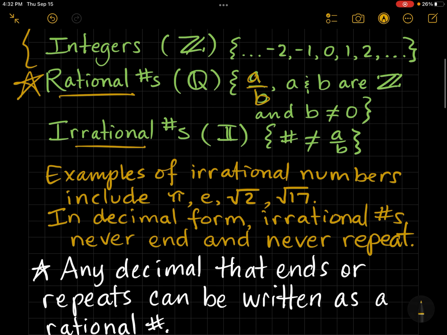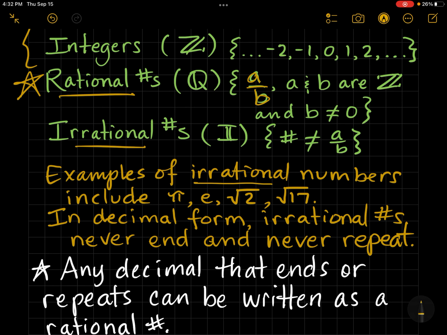Examples of irrational numbers include numbers like pi or e, which we call transcendental numbers. They represent something like the circumference divided by the diameter. But even radical 2 and radical 17, these are what we call irrational numbers.